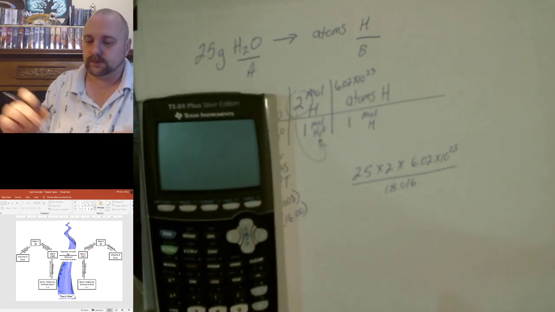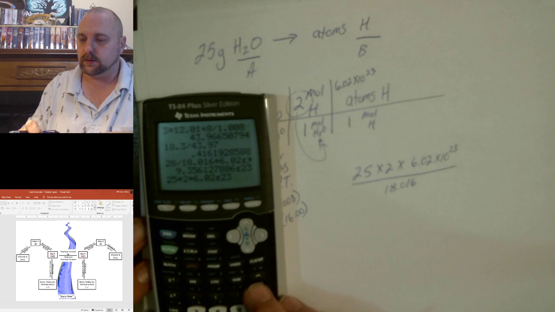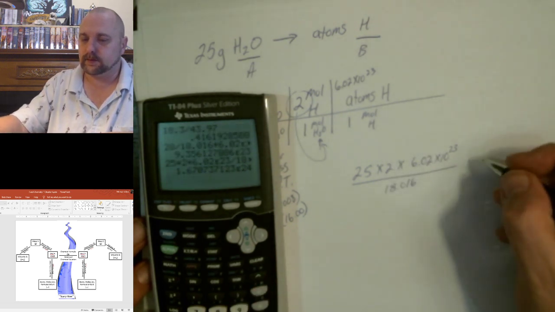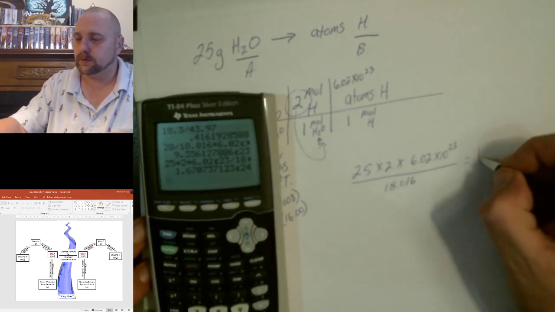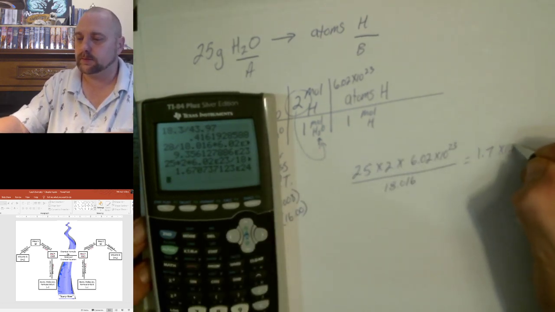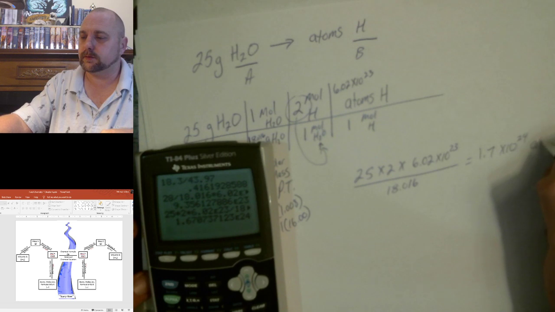We'll type all of this in: 25 times 2 times 6.02 E 23, and then divided by 18.016. 1.7 times 10 to the 24th, and the units left will be atoms of hydrogen.